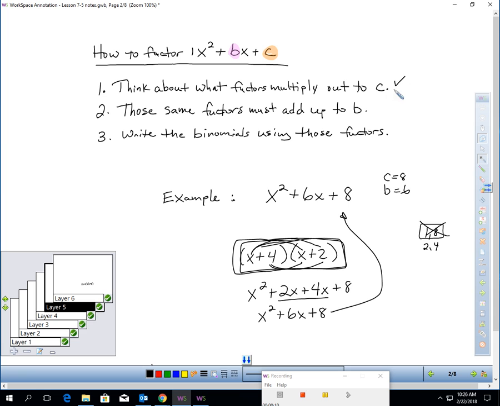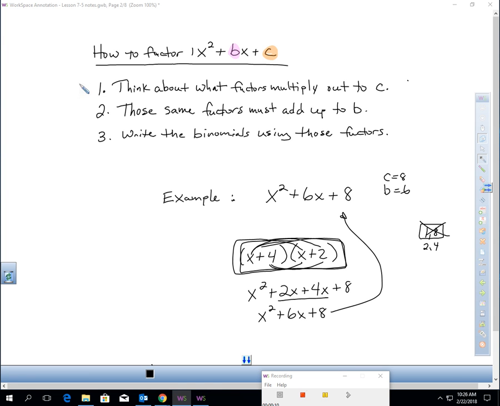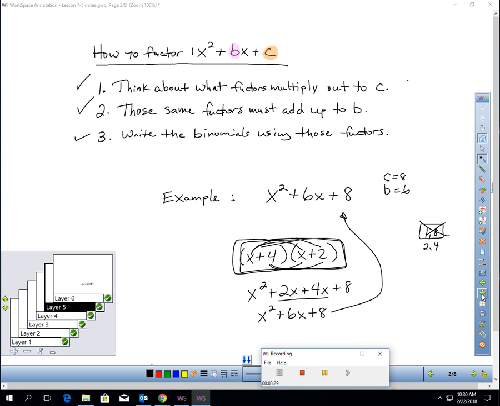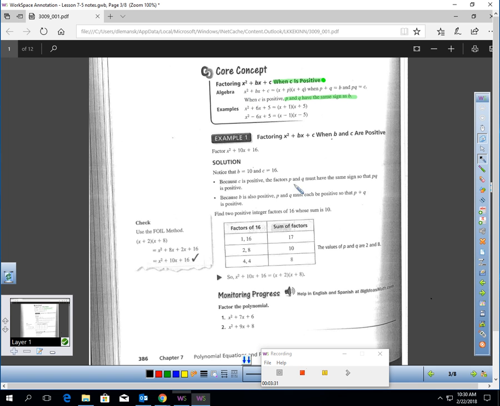So it's easy. It's these 3 steps. Think about what multiplies out to c. Those factors must add up to b, and then write out your binomials using those factors. Now, there's a couple quick things, and we're going to practice some. When c is positive, your factors must have the same sign as b.